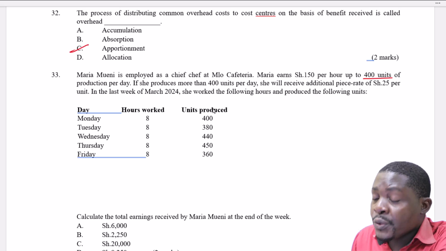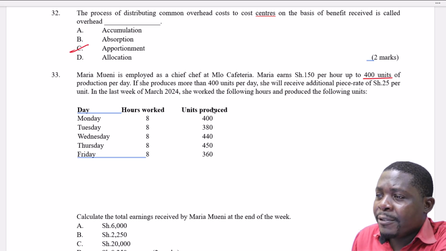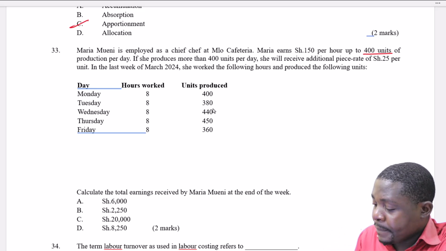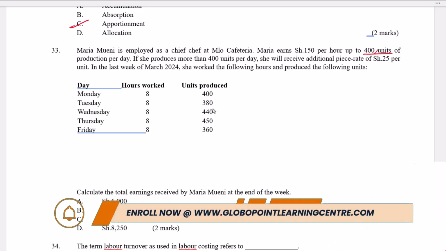If she produces more than 400 units per day, she will receive an additional piece rate of 25 shillings per unit. In the last week of March 2024, she worked the following hours and produced the following units. Now, if she's producing up to this one, she's paid 150 per hour.